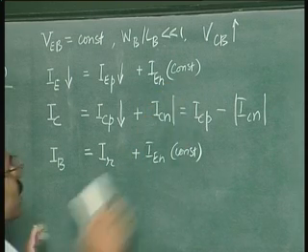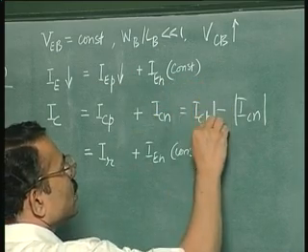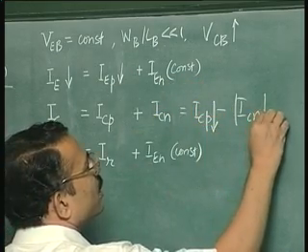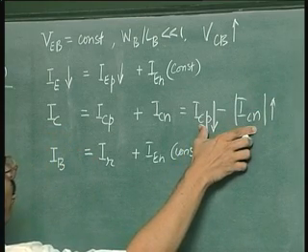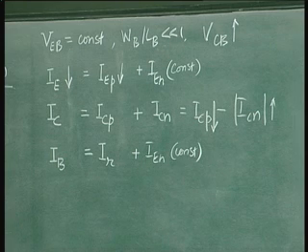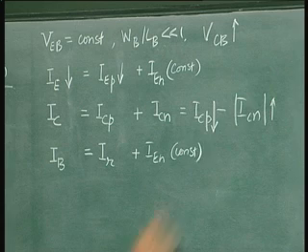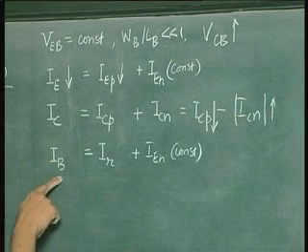So what we will do is, instead of showing this here, we will show it here. So ICP is falling and this magnitude of ICN is rising. So the difference is really falling. Okay. So that is why IC can become 0 and it can become negative also, because this quantity can become more than this quantity.